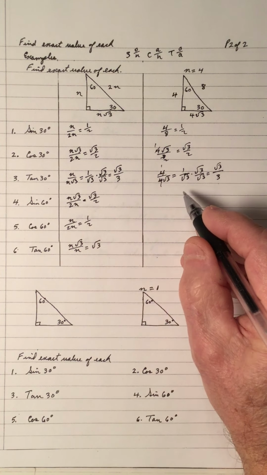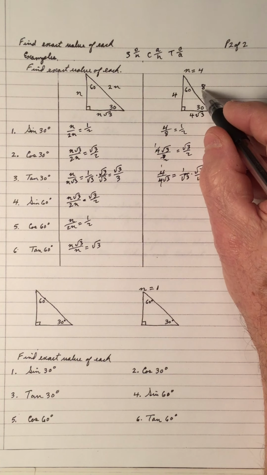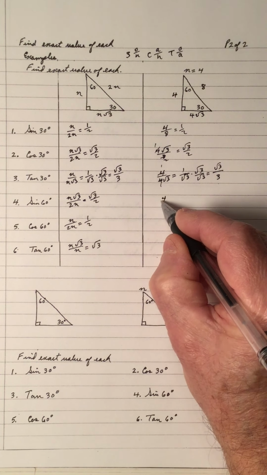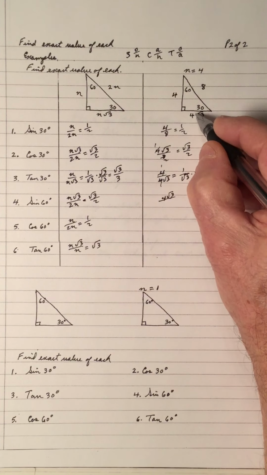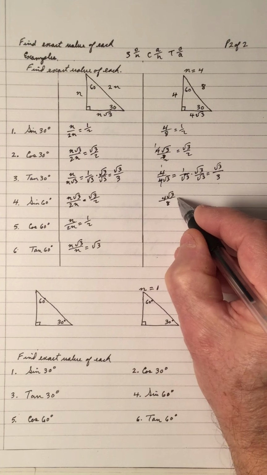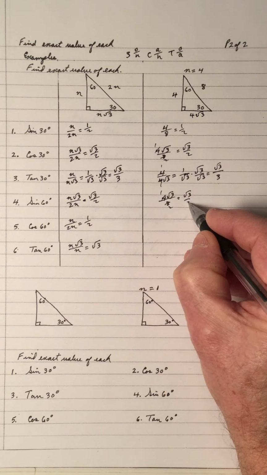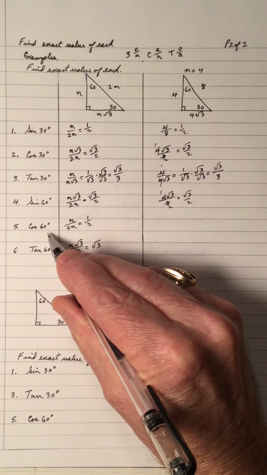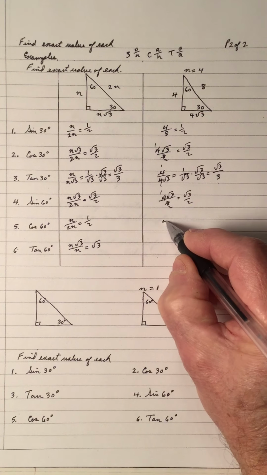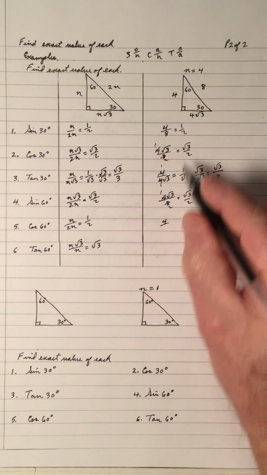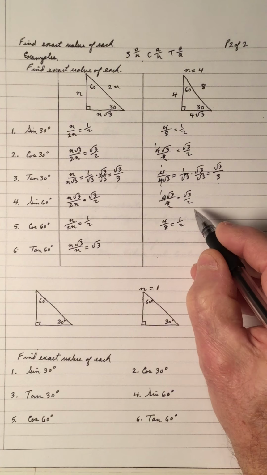Again, the same ratio. And the sine of 60, sine is opposite over hypotenuse, so it's 4 root 3 over 8. The 4's cancel, you get root 3 over 2. The cos of 60, cos is adjacent, which is 4, over hypotenuse, which is 8, and that reduces to 1/2.